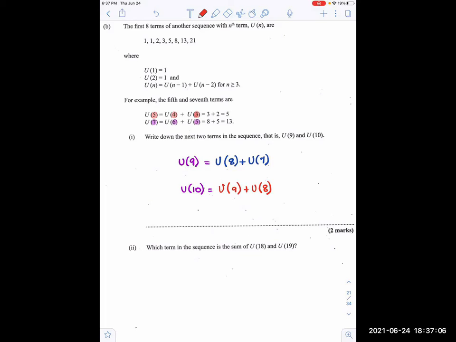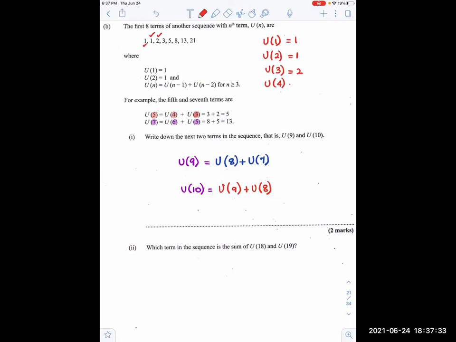We have U8 and U7, right? Now, let us number these. So we have U1 is equal to 1. U2 is also equal to 1. U3 is equal to 2.